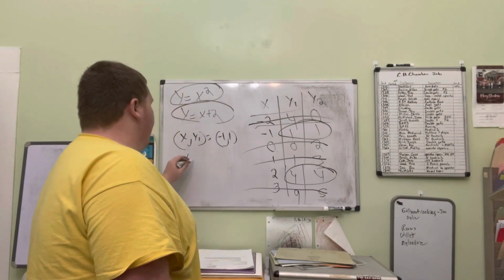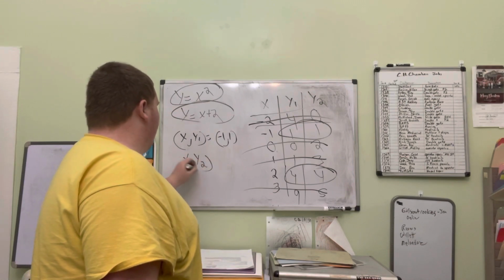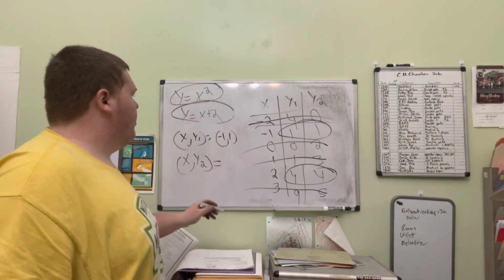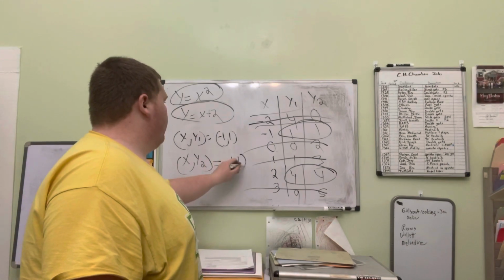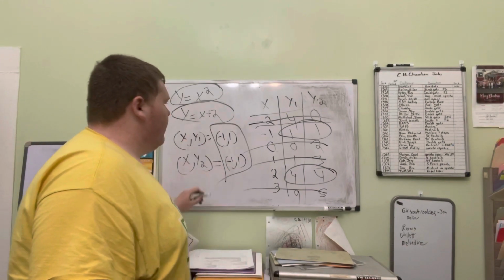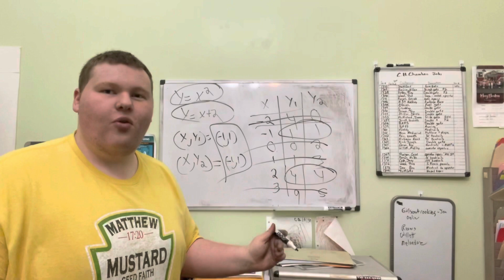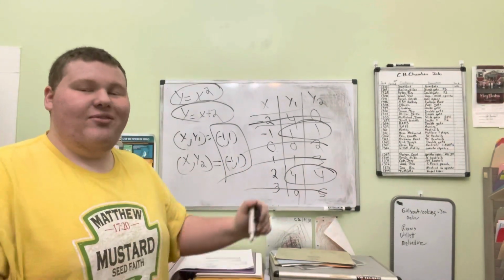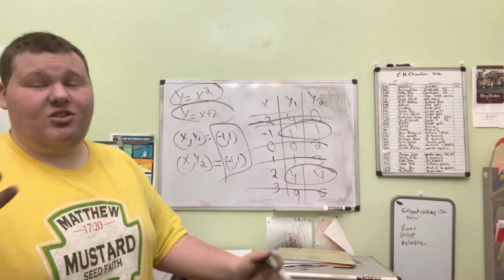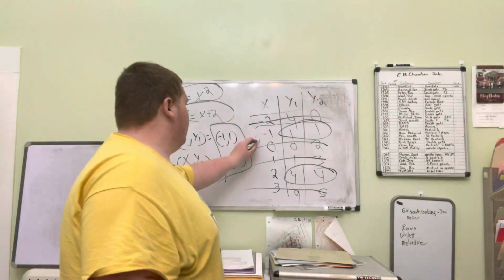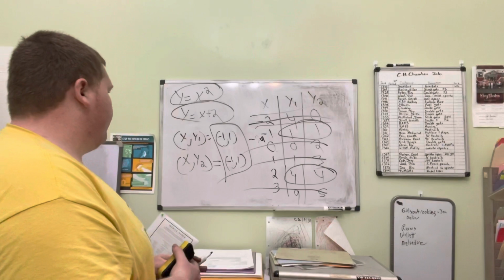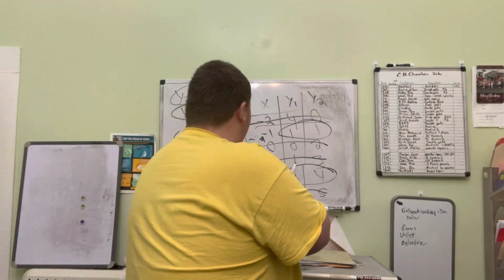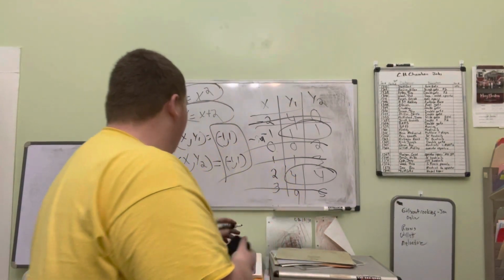Now let's look at x and y2. That equals negative 1, 1. Same point. Therefore, they're intersecting. They're hitting at the same point. Basically what that means is it's a solution.